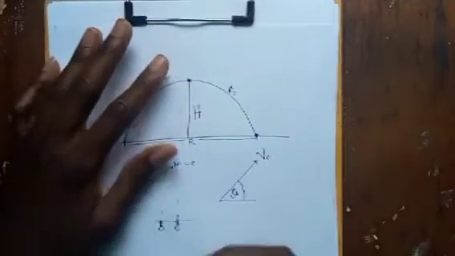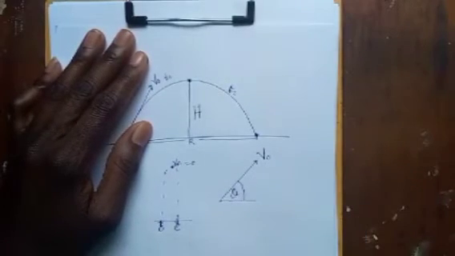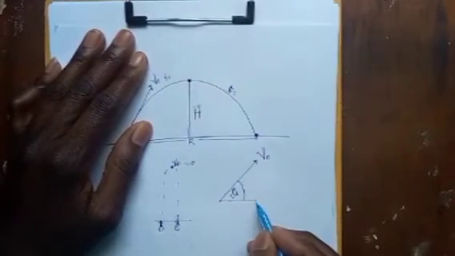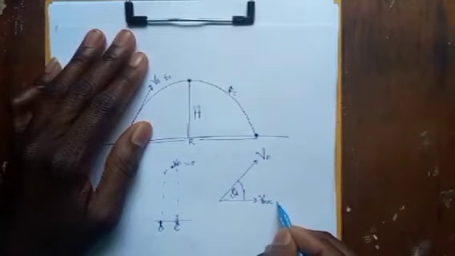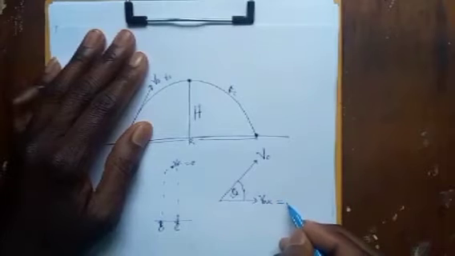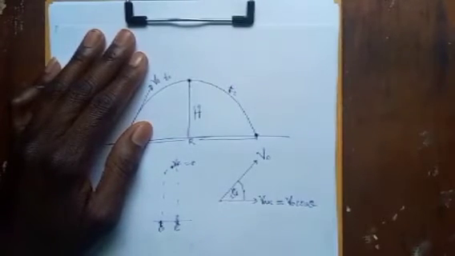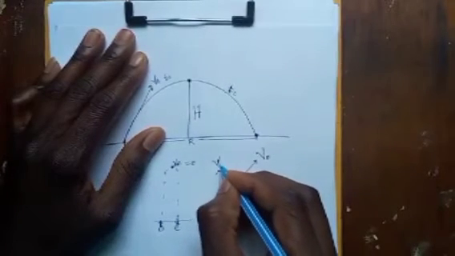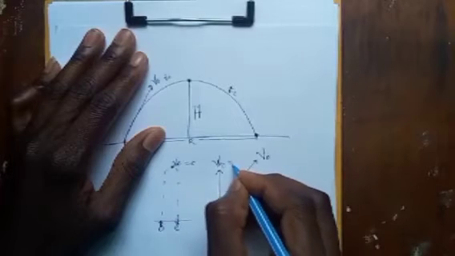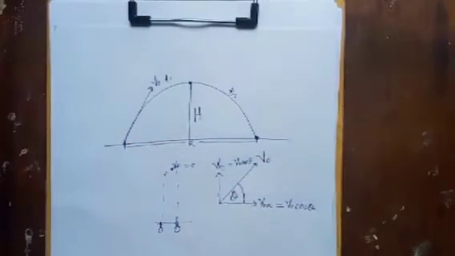Remember I said in the x-axis the initial velocity is the same as the final velocity. Why? Because velocity in x doesn't change. So I'll say v initial in x has to be equal to what? After resolving, this is going to be v initial cos theta. And also we are going to have the other velocity in y, v initial in y. It has to be equal to v initial sine theta, like this.